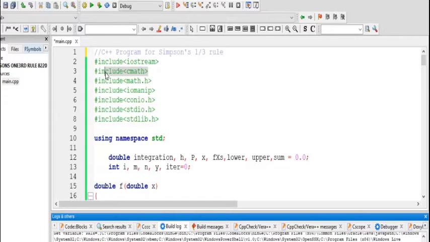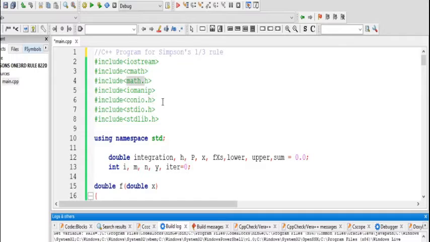The cmath declares a set of functions to compute common mathematical operations and transformations like trigonometric, exponential, and logarithmic functions. Math.h is similar to cmath. We just include it. And then hashtag include iomanip. This is the parametric manipulator that includes setw and setprecision.